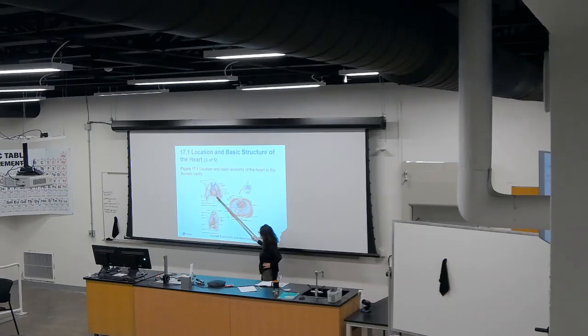Now, the apex, this is the one that I told you is located in the 5th intercostal space, at the midclavicular line, and it is actually anchored to the diaphragm. If you remember, the diaphragm is the muscle that separates the thoracic cavity from the abdominal cavity.